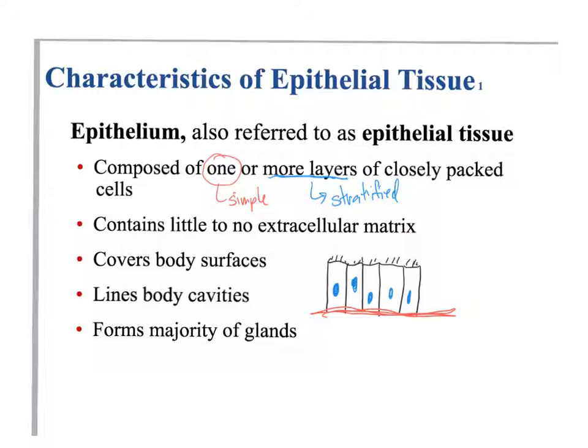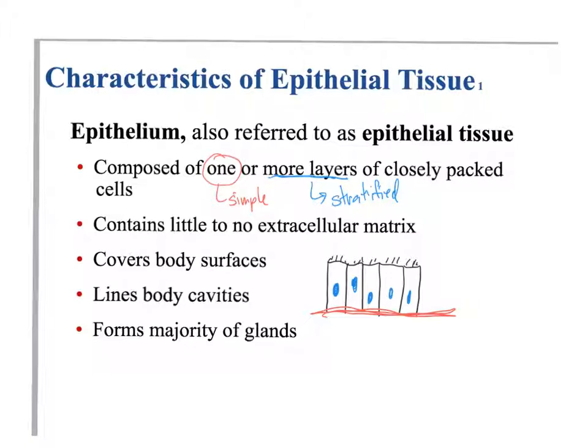They line the esophagus, the stomach, the lungs. Any exposure you have to the outside or anywhere that needs to be protected, you'll find epithelium. The serous membranes that line the organs, which we talked about the other day, are epithelial tissue. It also forms the majority of glands.